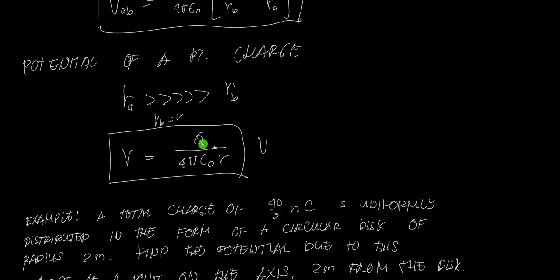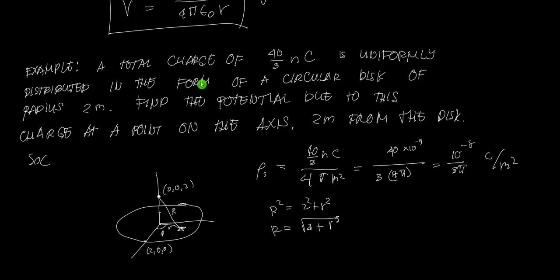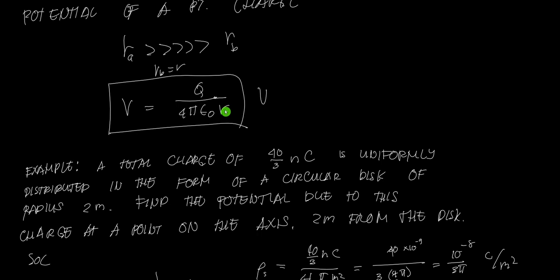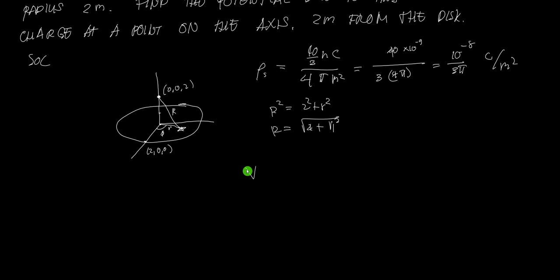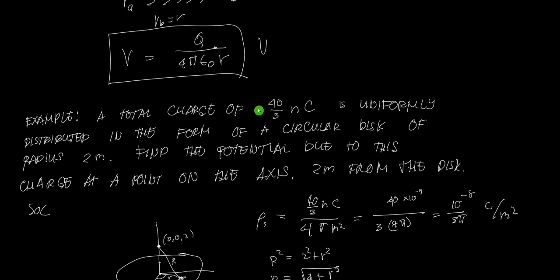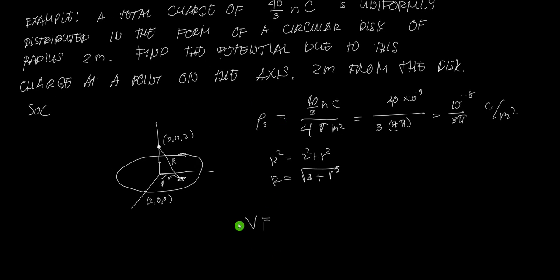I just need to change this with dq, and my R will be this one, and that will be my voltage V. So V will be equal to the integral of dV, because this is a small dq here. So dq all over 4 pi epsilon naught. The distance will be equal to this R. You take the square of that, so 4 plus r squared.